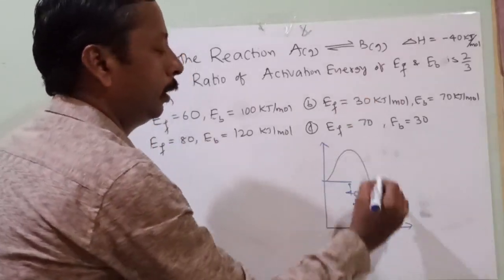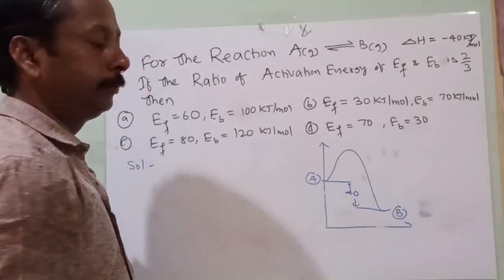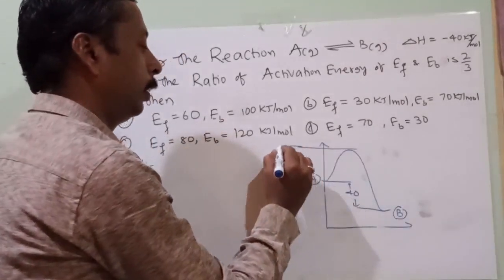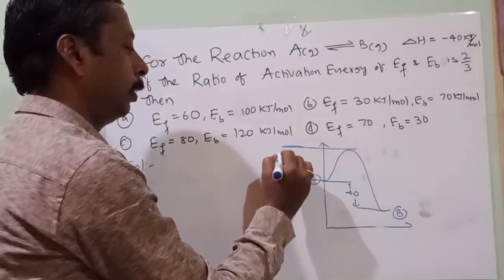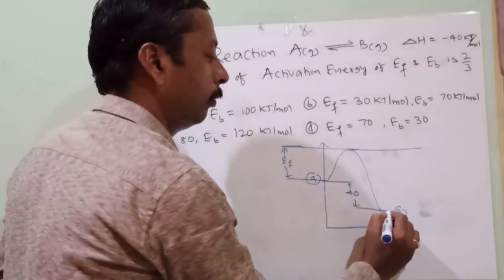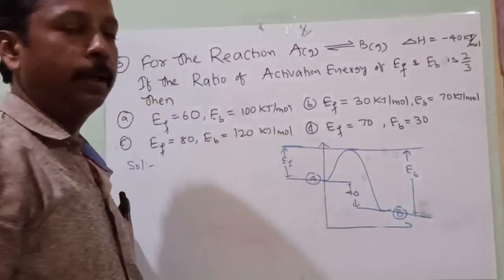This is the energy of what? B, and this is the energy of A. Now from here to here, what is it? It is EF, the forward reaction, and from here to here, what is it? EB, the energy of the backward reaction.